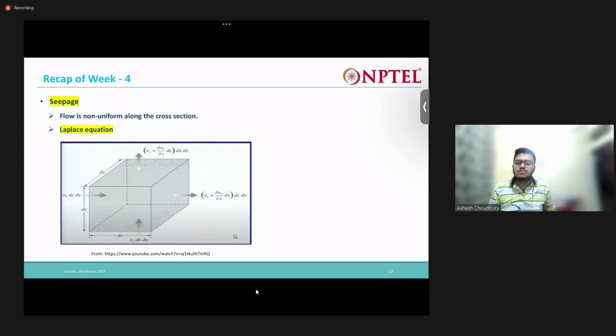So the main task in this chapter will be how to mathematically represent that flow of water through the soil, so that we can calculate the flow of water through an earth dam or any other geotechnical structure.